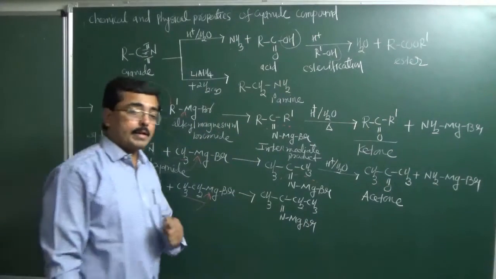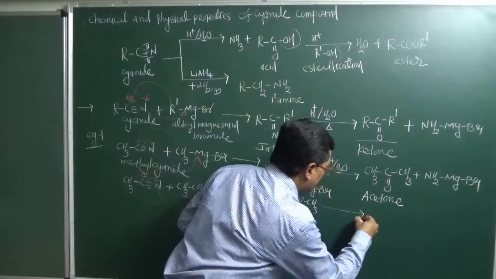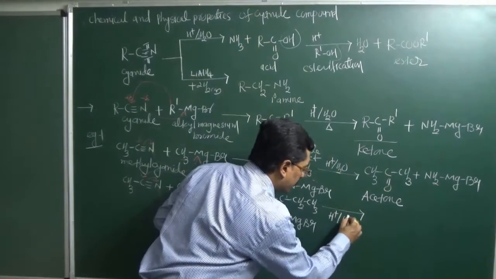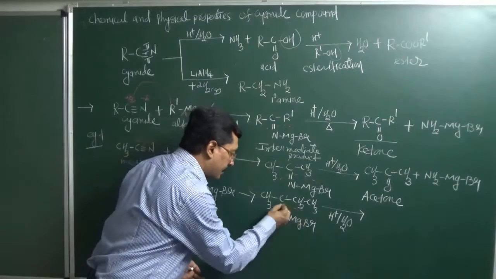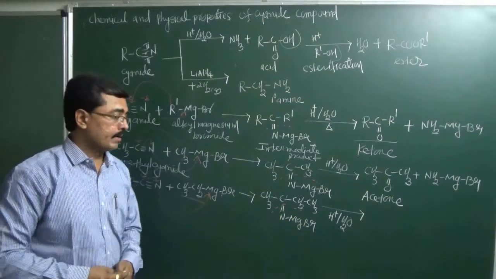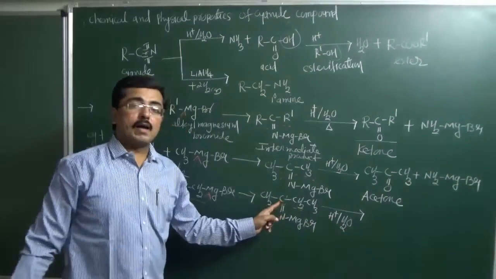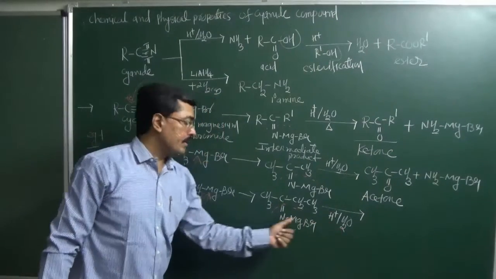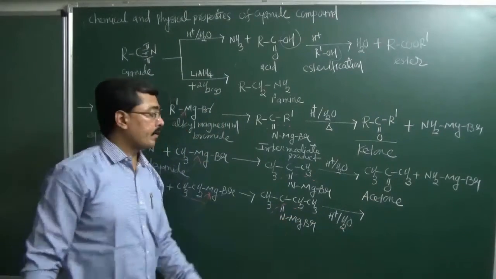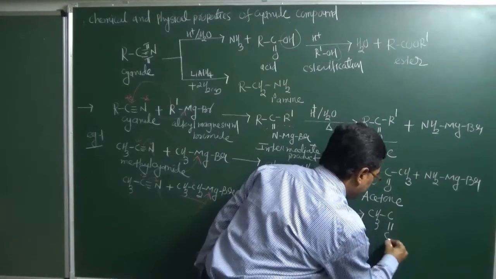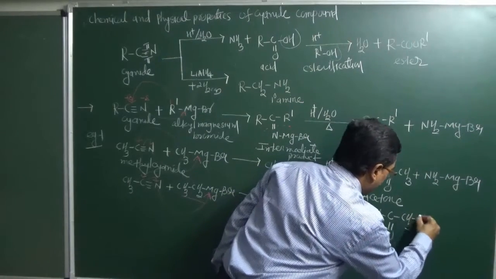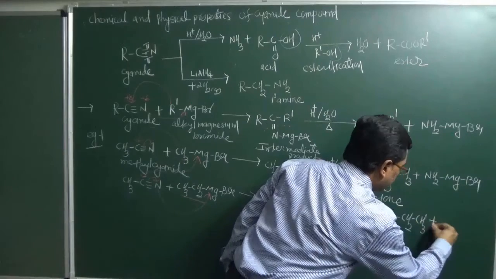Now the intermediate product obtained undergoes hydrolysis in the presence of acid. During hydrolysis this carbon-nitrogen bond will break. Oxygen will be added on carbon and both hydrogens will be added on nitrogen. So the structure obtained has a ketone group on the second carbon.